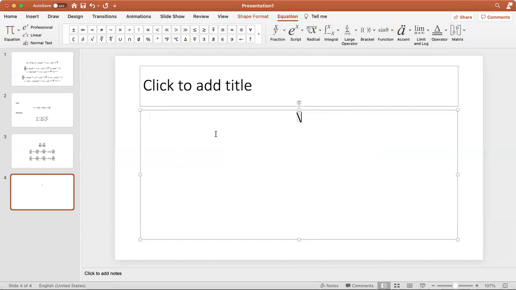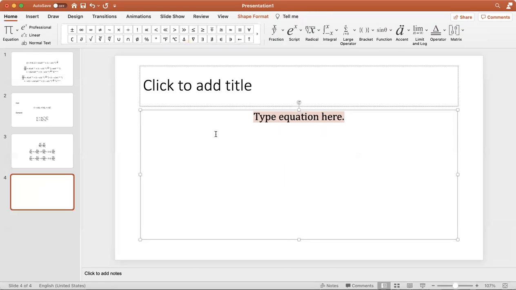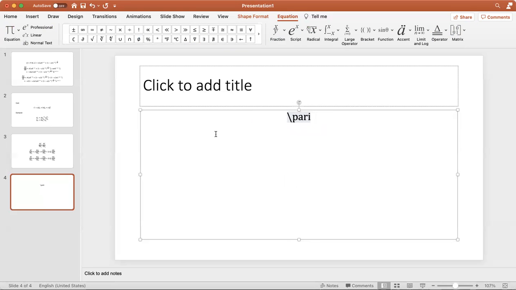So let's look for the partial of Q1 with respect to partial of P1.